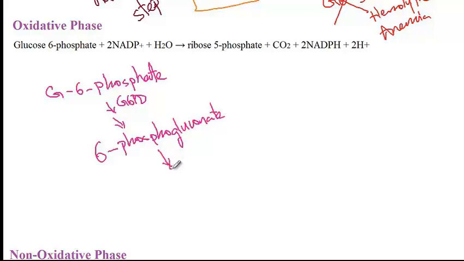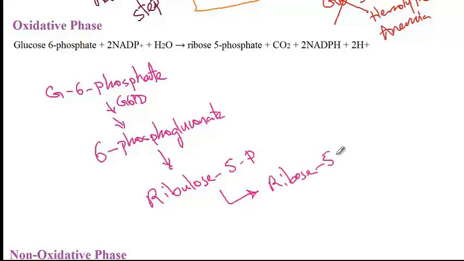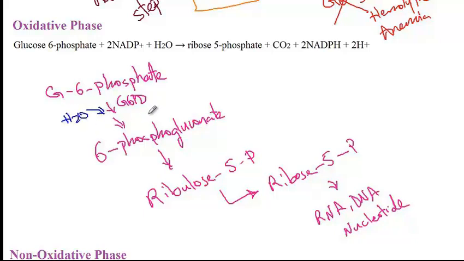And then later on, 6-phosphogluconate will be converted into ribulose 5-phosphate, and now this can be converted into ribose 5-phosphate, which is essential for RNA, DNA, and nucleotide production. And then in the first reaction, there will be water going in, and an NADP+ molecule that is converted into NADPH.